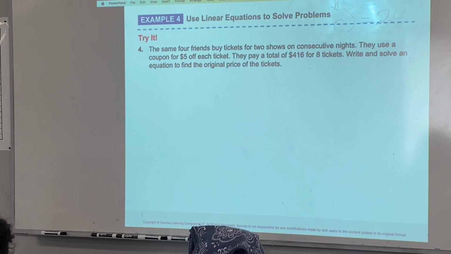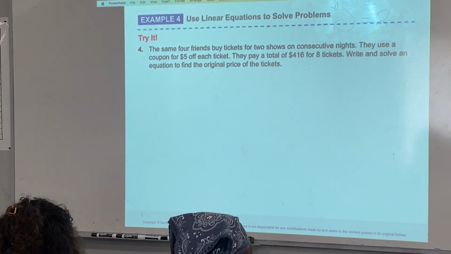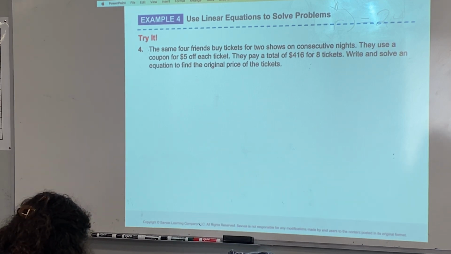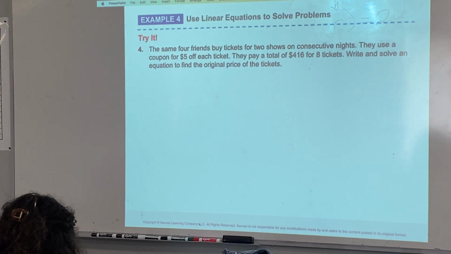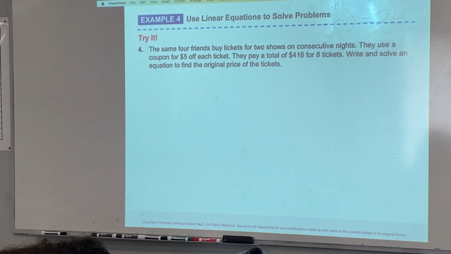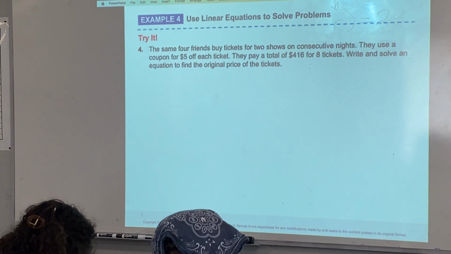Verifying that P is the original price. So we're still looking for the original price of the tickets, but these are totally different tickets. They're buying 8 of them this time. And the discount is what? $5.